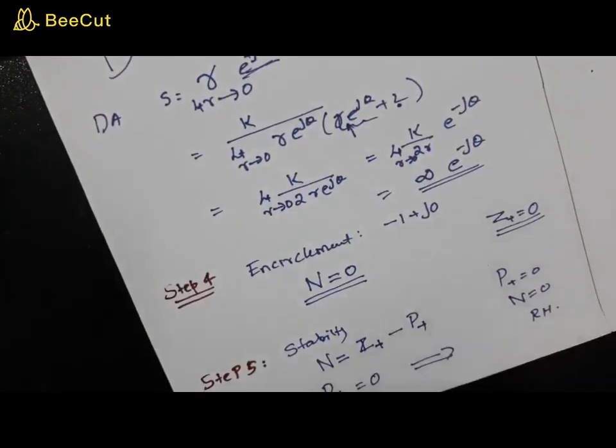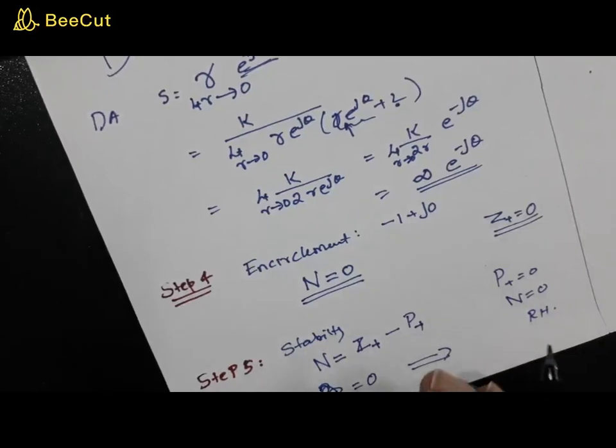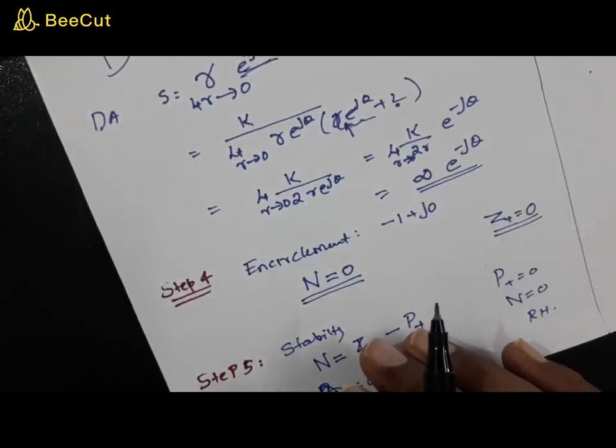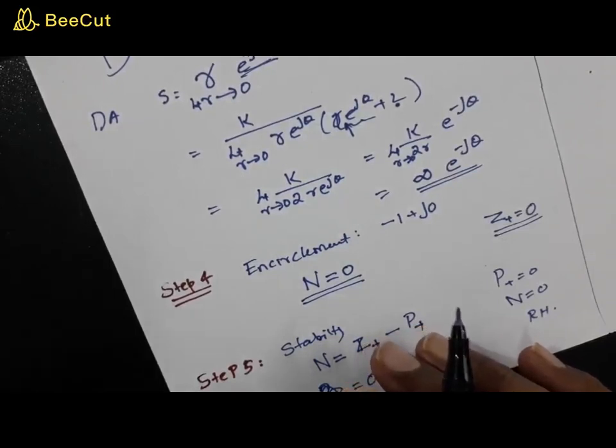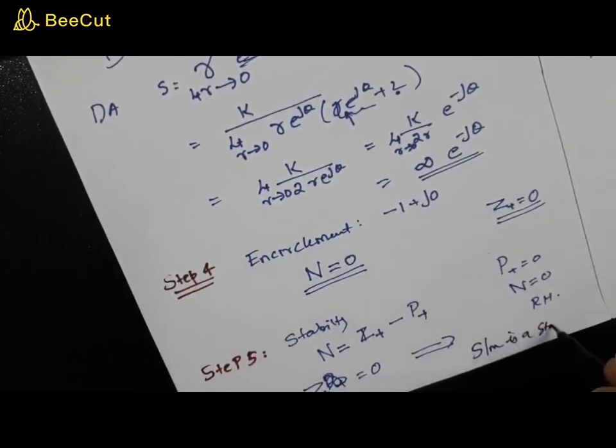Sorry, this is Z plus. So Z plus is 0, which refers to the number of right half poles of the characteristic equation, found to be 0, and that is the condition for stability. So the system is a stable system.